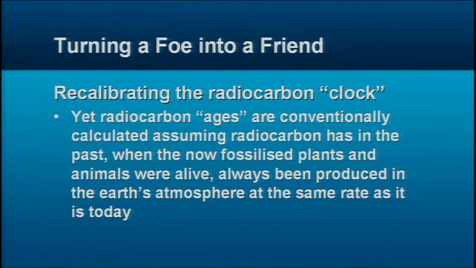Yet the conventional radiocarbon ages all assume the radiocarbon production rate of today. So if we correct these radiocarbon ages on the basis of slower, smaller amounts of radiocarbon production in the past, we can correct these numbers.